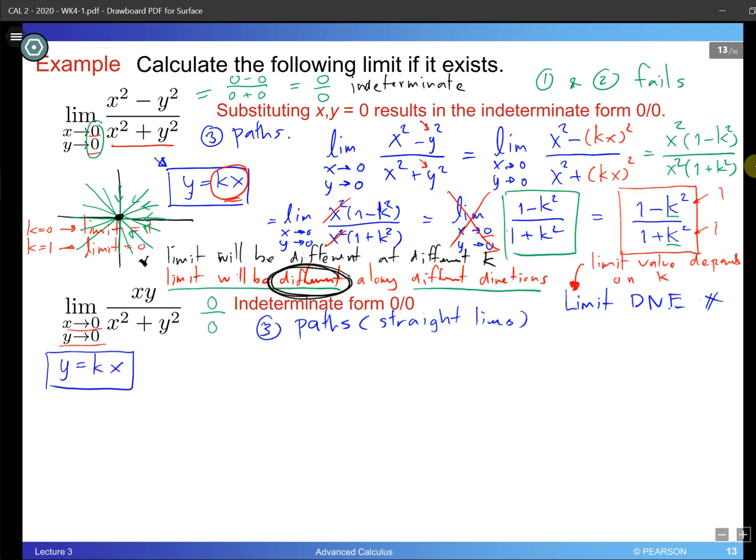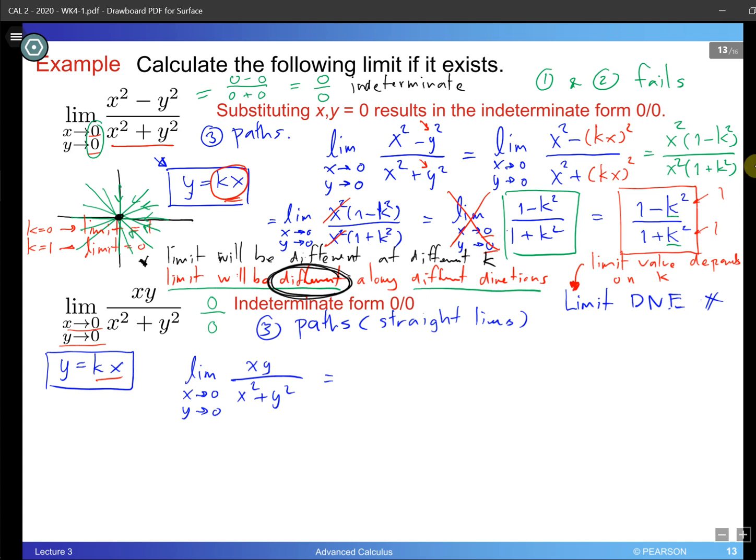So we are going to substitute this into our limit. We have the limit as x moves to 0 and y moves to 0 of xy divided by x squared plus y squared, and we put in y equal to kx.